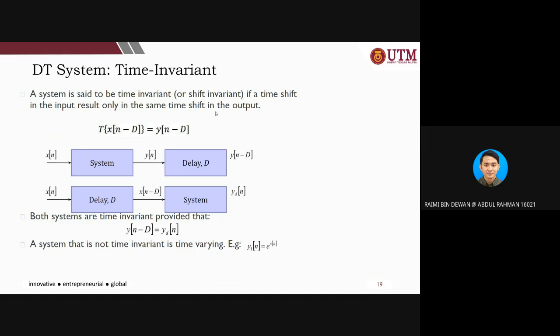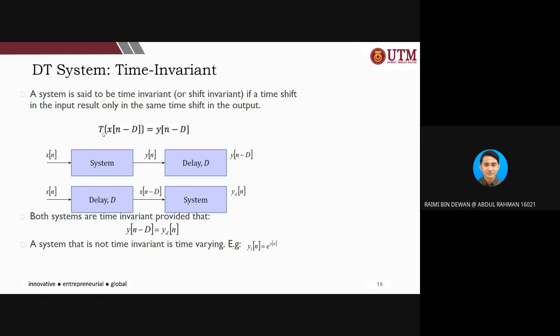If the input is shifted by, let's say, -2, then the output only has a shift of -2. Only then do we consider this time invariant. So you see here, the transformation of x[n minus t] will result in y[n minus t]. There is the same shift.